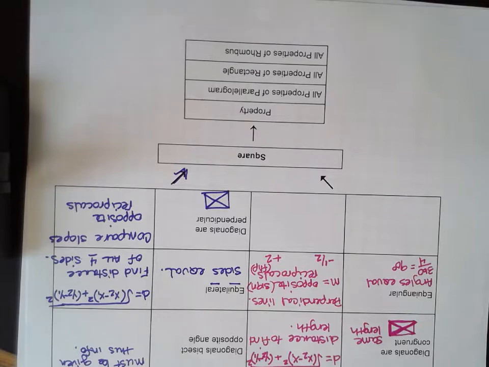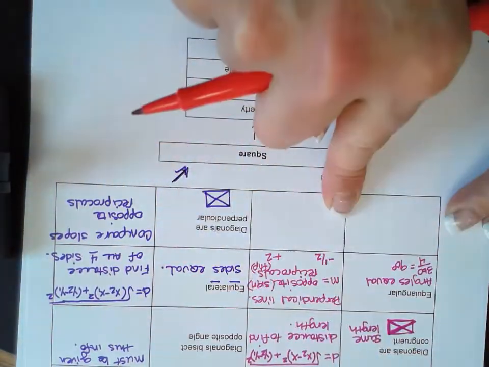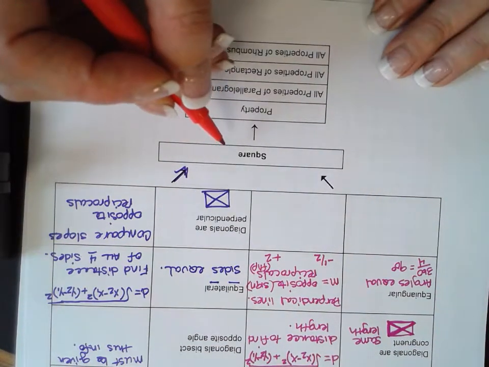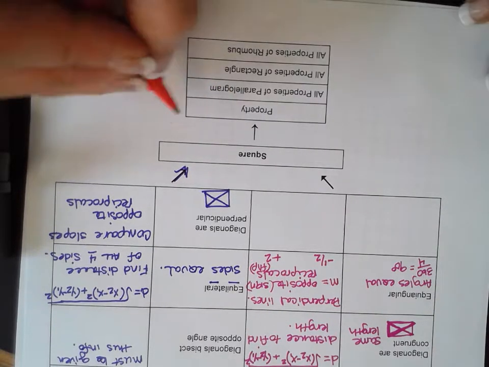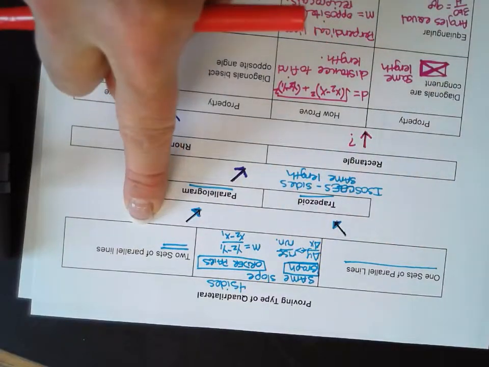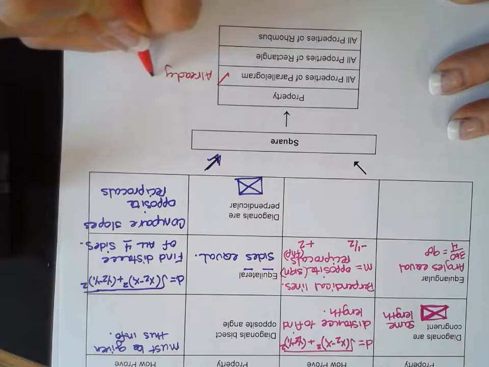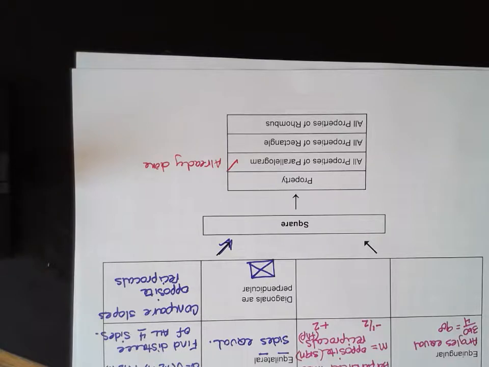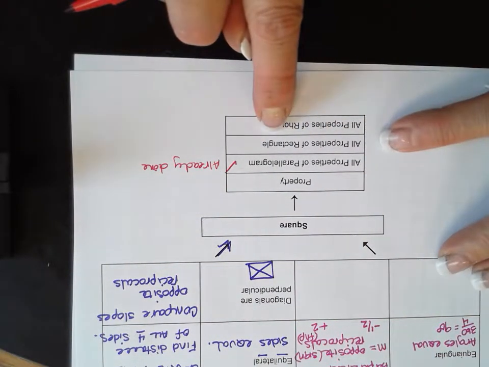And in order to be a square, I have to go back up and prove one thing of the rectangle. Because the square has to have the properties of the parallelogram. Well, we already did that when we checked to see if there's two sets of parallel lines. So, if it turns out to be a rhombus, then you need to check for one property of a rectangle.